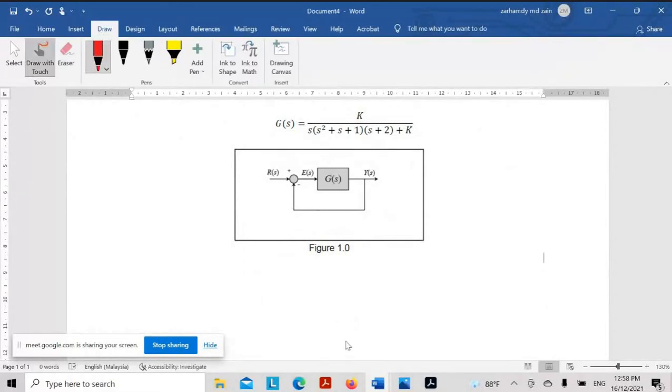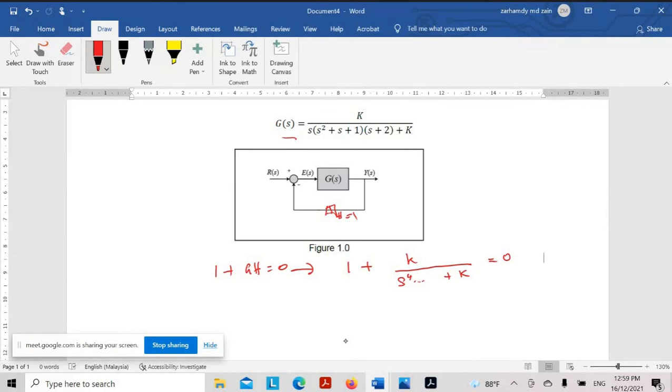Okay, now this is all your G. Our characteristic equation is 1 plus GH equal to 0. Our H is 1, no problem, so we only concentrate on G. We have K. If we expand this, you will get S to the power of 4 and so on, the last is K. So now it equals 0.